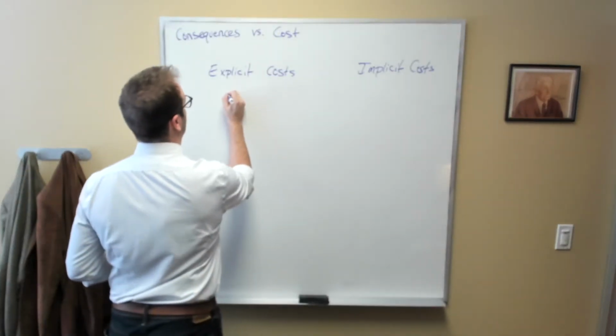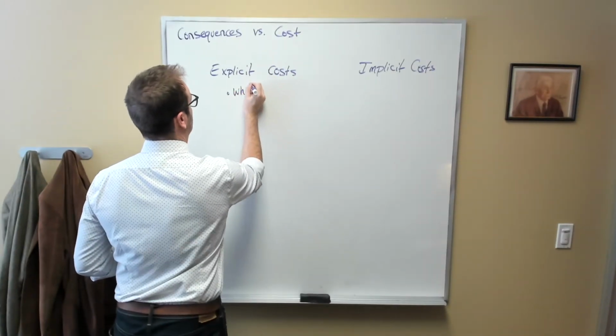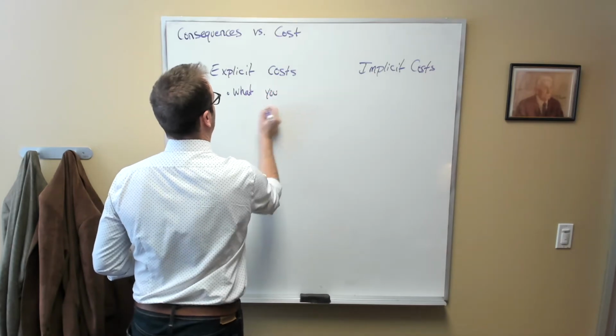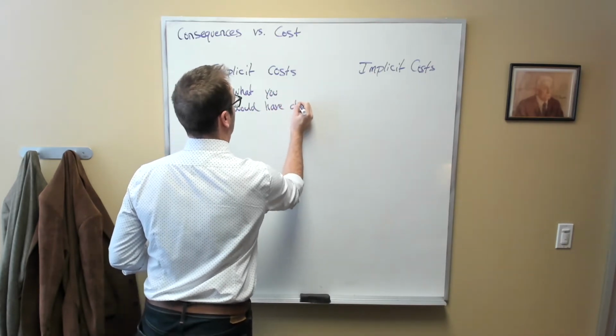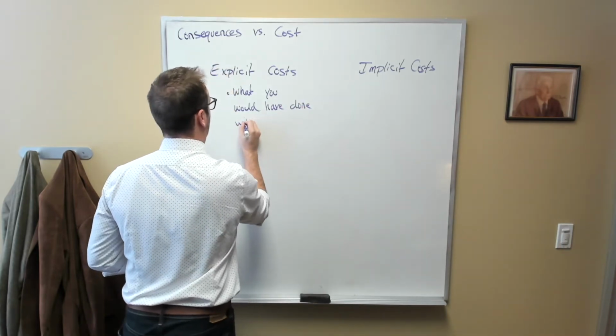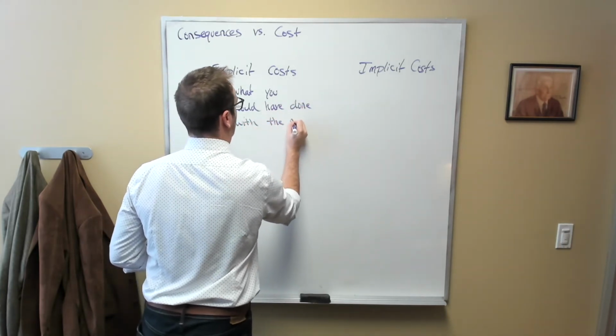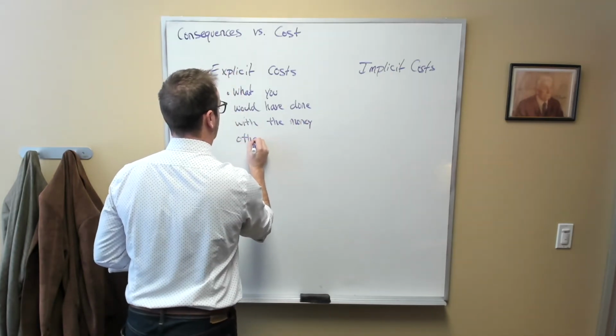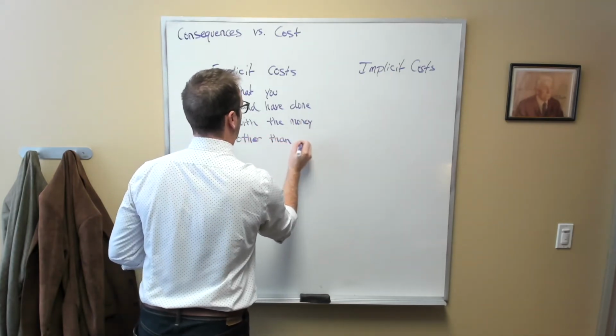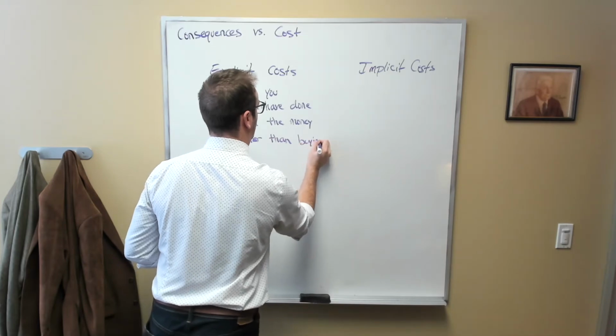So in this case, the explicit cost is what you would have done with the money other than buying the laptop.